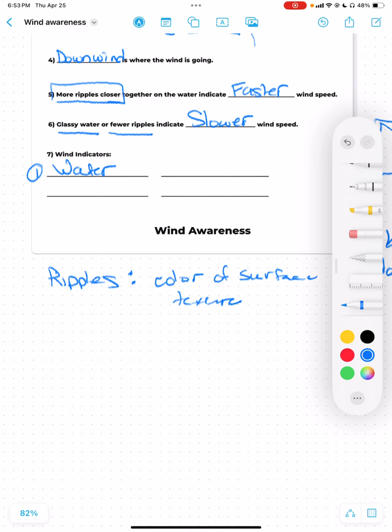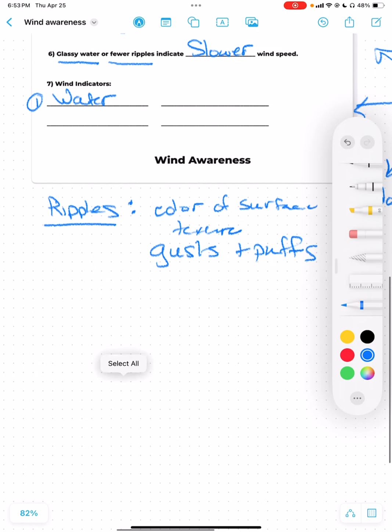And that's going to indicate puffs, gusts, more wind, less wind. You can see wind coming towards you from the water as you're sailing forward. If you see a glassy spot and up ahead of you, you see a not glassy spot, you're going to hit a gust. So the ripples are good indicators of gusts and puffs.